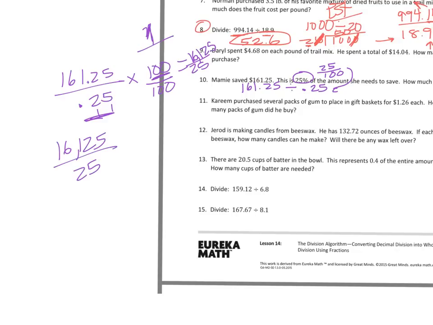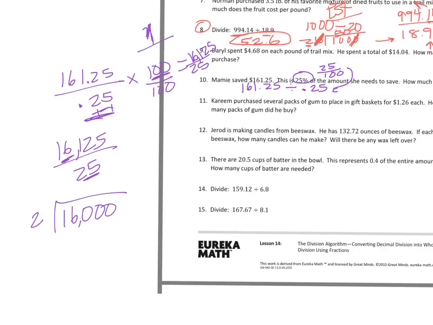For my actual estimation on this one, once I've got it to where I have a whole number divisor, I can now estimate. So 25, I'm going to go to 20 with that one, because I see 16,125 can round to 16,000.